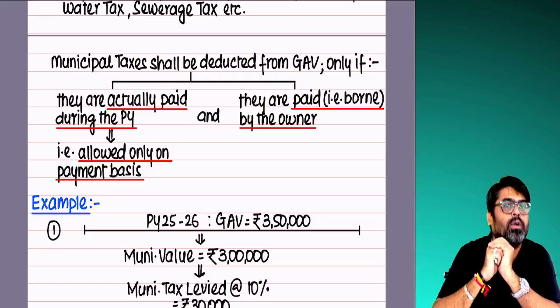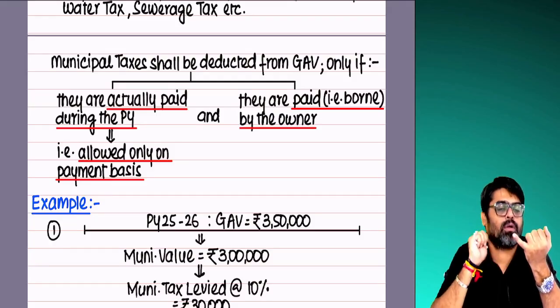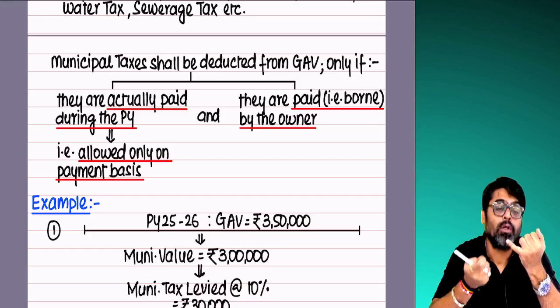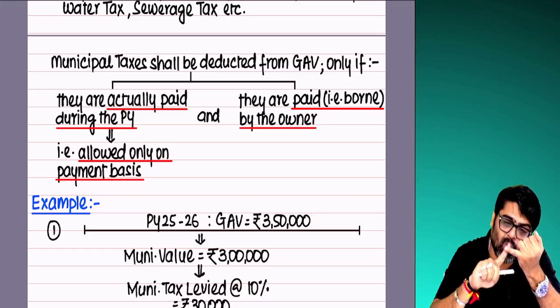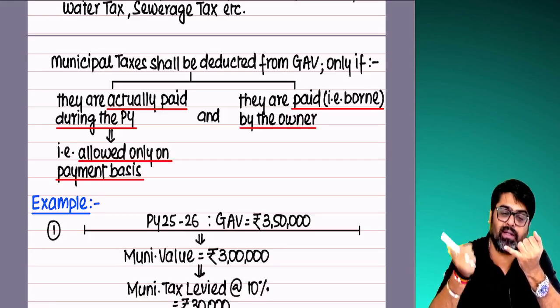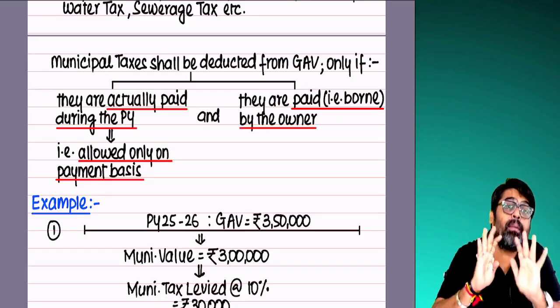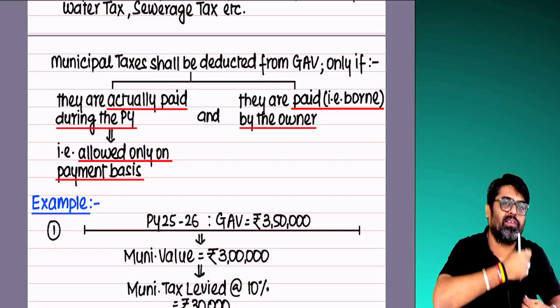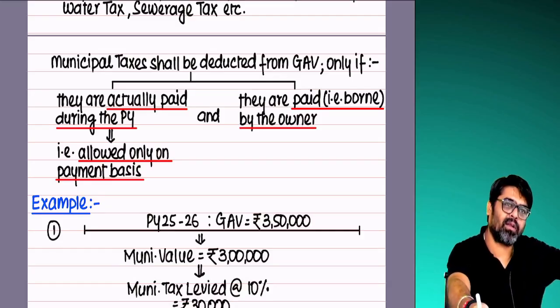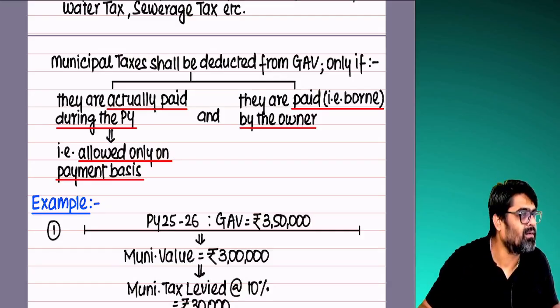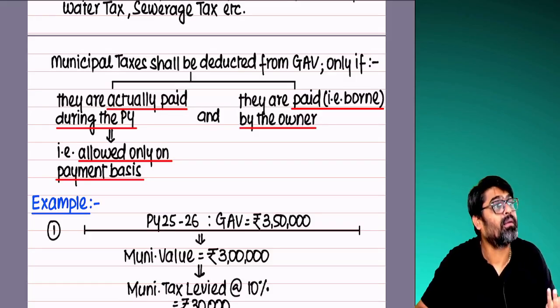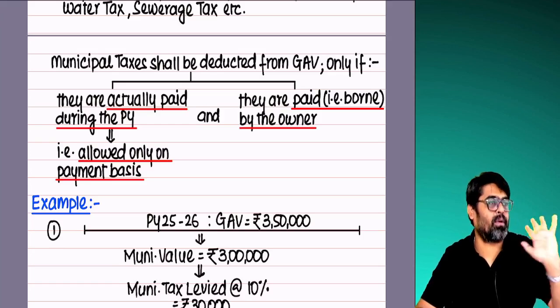So tell me, the assessee is the owner of the house property. Yes or no? So if the assessee is the owner of the house property, this owner should only pay the municipal tax. Pay means what? The assessee has paid and later on recovered from the tenant. Can it happen? You are my tenant. I'm giving you my property on rent.